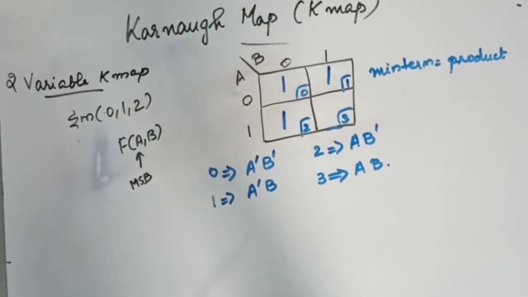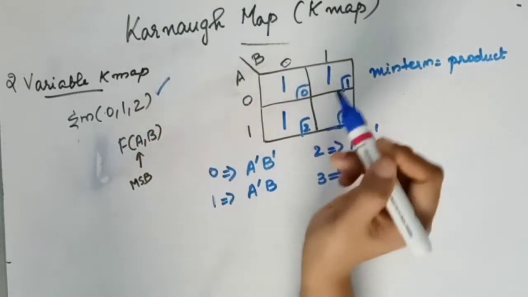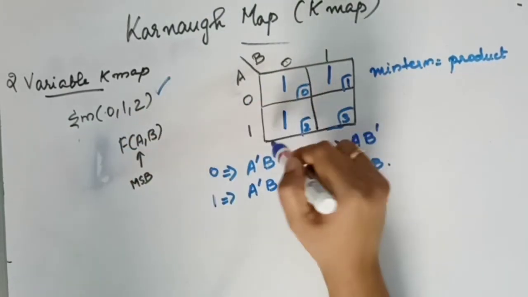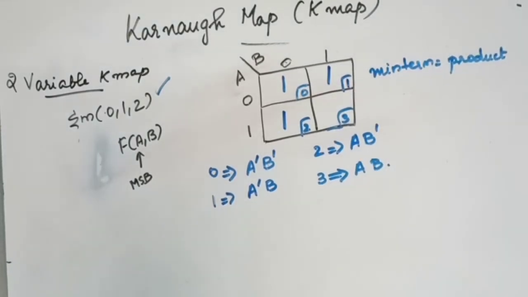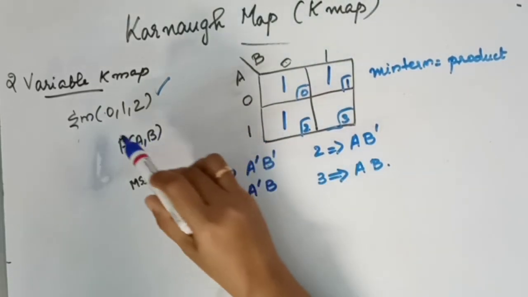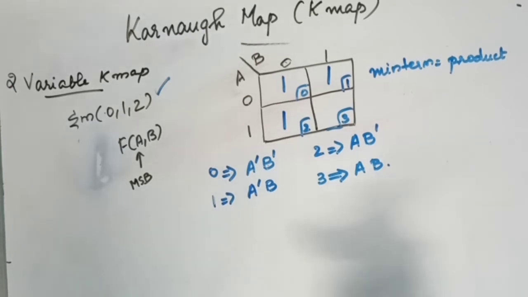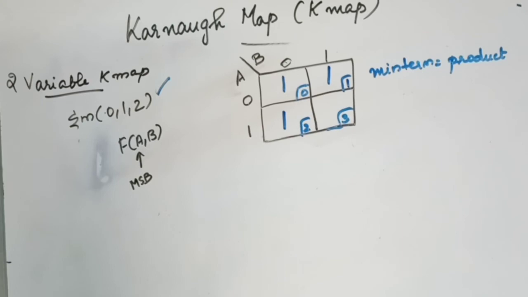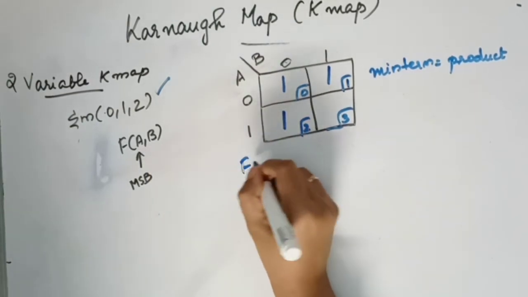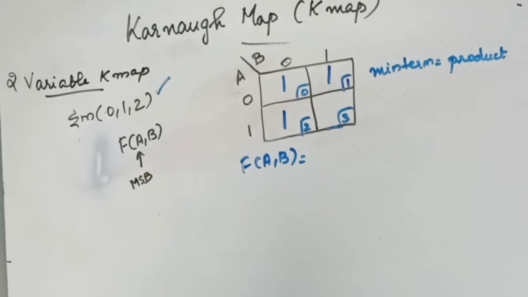Now for this particular question, this is the general thing. Now for this particular question, you have only 0, 1 and 2. You don't have 3. So if you want to write the Boolean expression for this particular question, function of AB equal to sum of minterms.